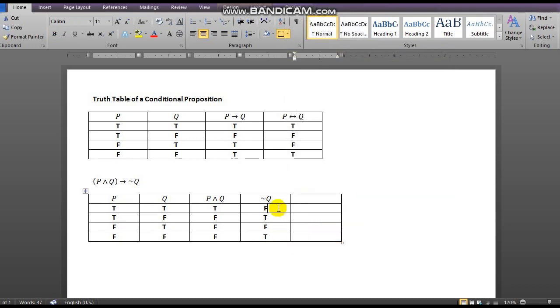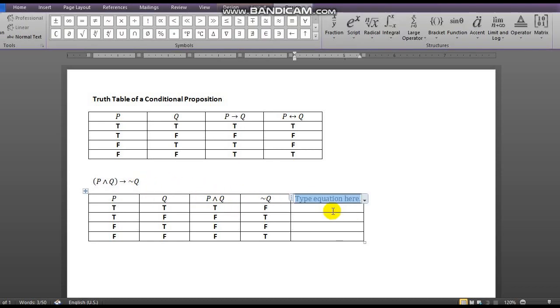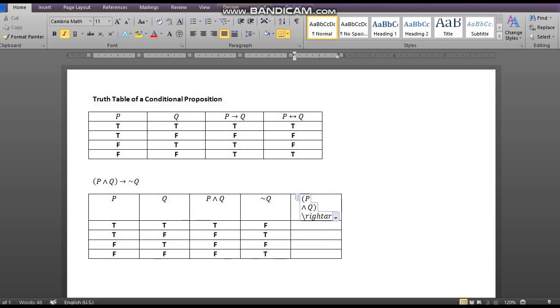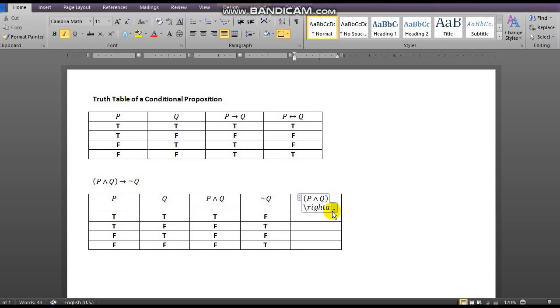And lastly, since we have P and Q, our first statement, and our not Q, which is our second statement, let's combine them together as P and Q. Let's put a parenthesis here. Implies, so let's put an arrow.